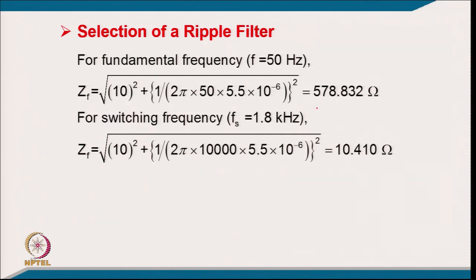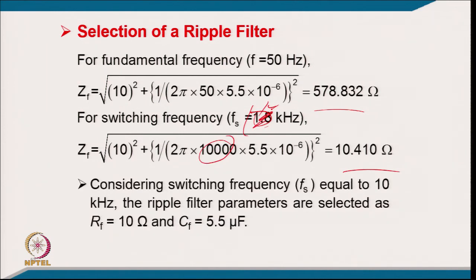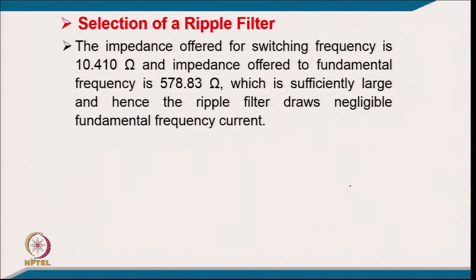So, for fundamental frequency it comes 578.82, and for switching frequency it comes typically 10.41 for 10 kilohertz here. Considering switching frequency equal to 10 kilohertz, the ripple filter parameters are selected 10 ohm and 5.5 microfarad, and the impedance corresponding to switching frequency comes 10.41 ohm, and for fundamental frequency it comes 578.83 ohm, which is sufficiently large, hence the ripple filter draws negligible current.